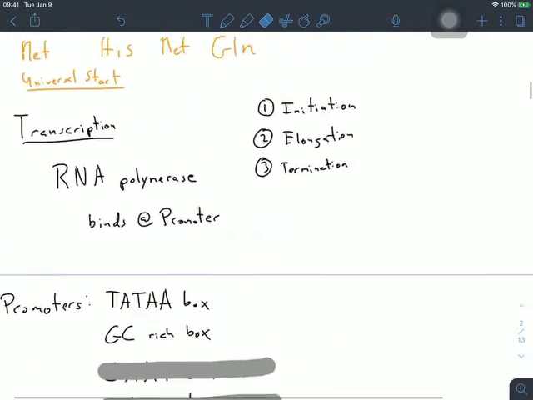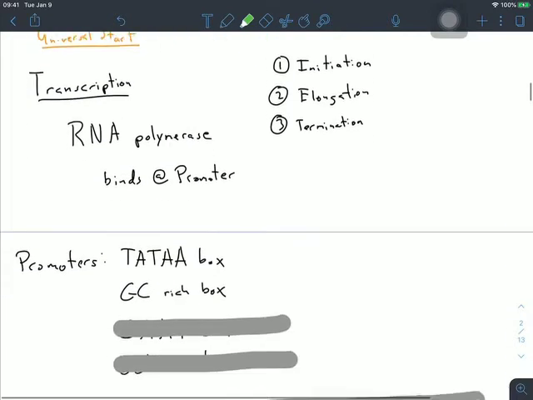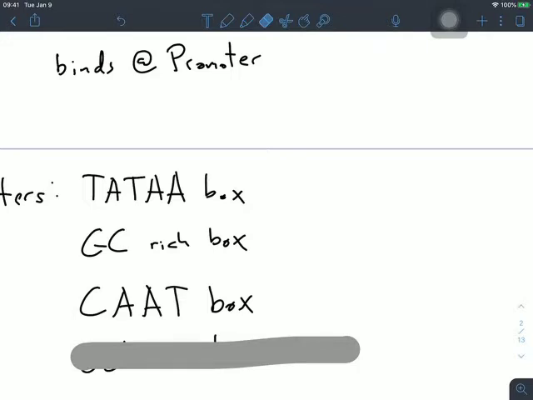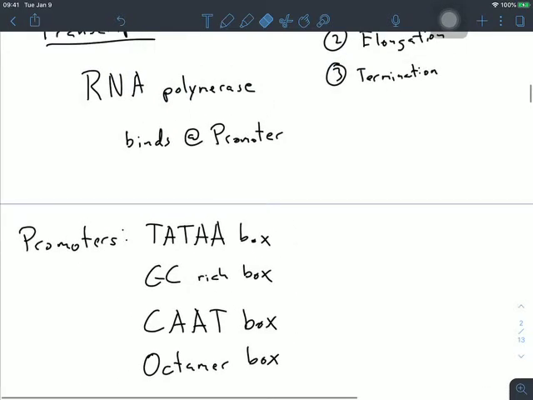And we literally call these boxes because when we wrote them out the first time and were studying them, we put a box around them. And so, TATA box was born, and GC-rich box was born, and the CAT box, CAAT, and the octamer box. A little bit more complicated, but it generally has to do with repeating 8 different bases. These promoter sequences allow for RNA polymerase to bind.